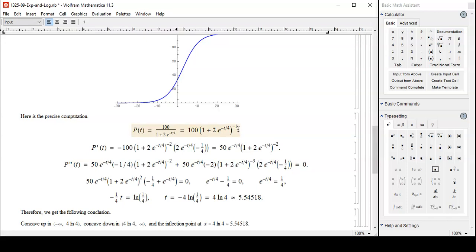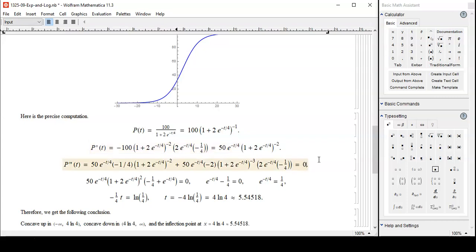Here's the original function in terms of power form, and here's the derivative computation. 50 exponential times this thing to the negative second power. Now, for the second derivative, we have a product rule. Exponential times this power thingy. So this times that. So we use the product rule like this and set it equal to 0.